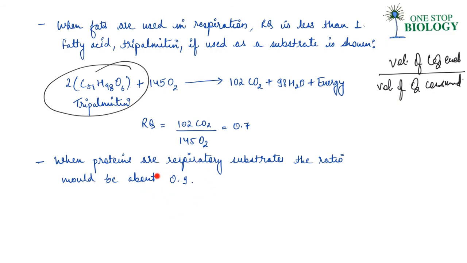So it comes about almost 0.9, right? So now very important fact is that, in living organisms, the respiratory substrates are basically more than one. But we always use carbohydrates as a preferable mode for respiration. We use carbohydrates as a preferable substrate during respiration.